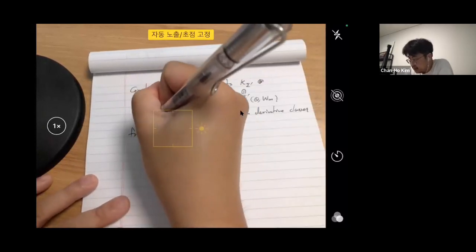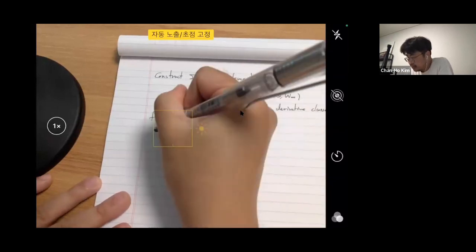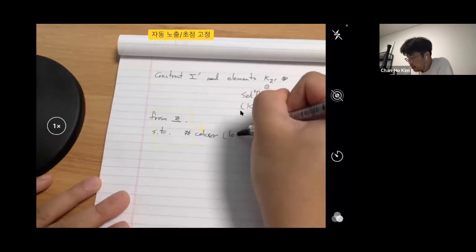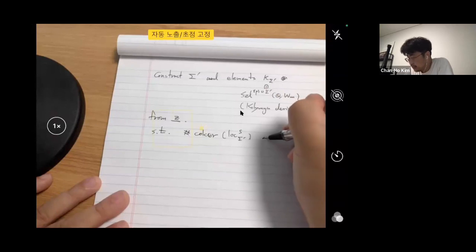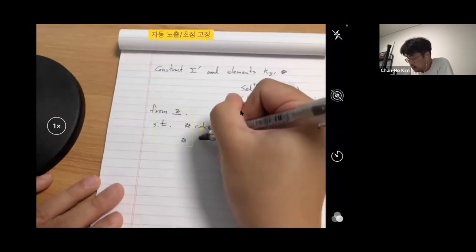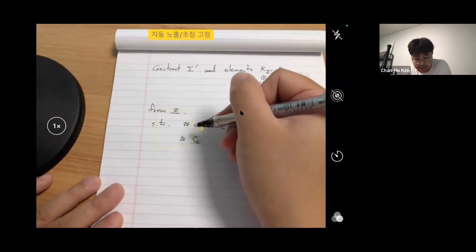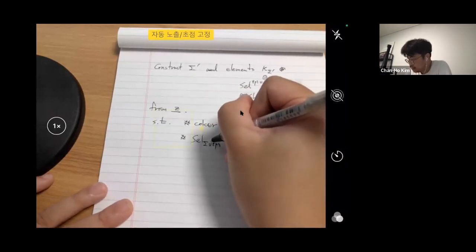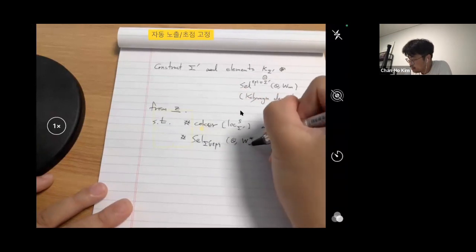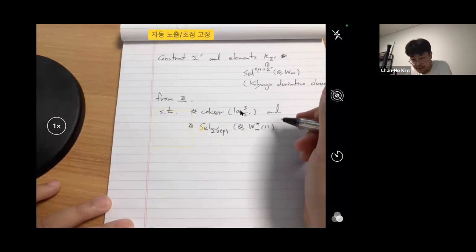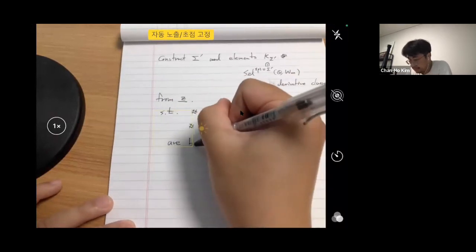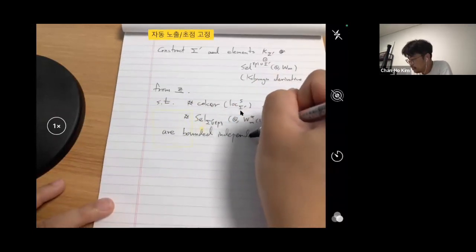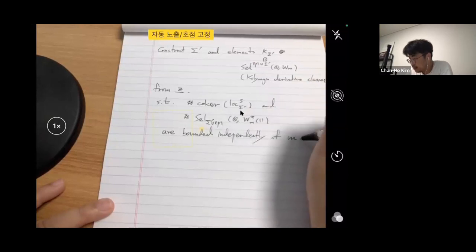From Z, such that the size of the cokernel of local S, and the size of the sigma prime and P strict Selmer, are bounded independently of M. That's how the idea works.